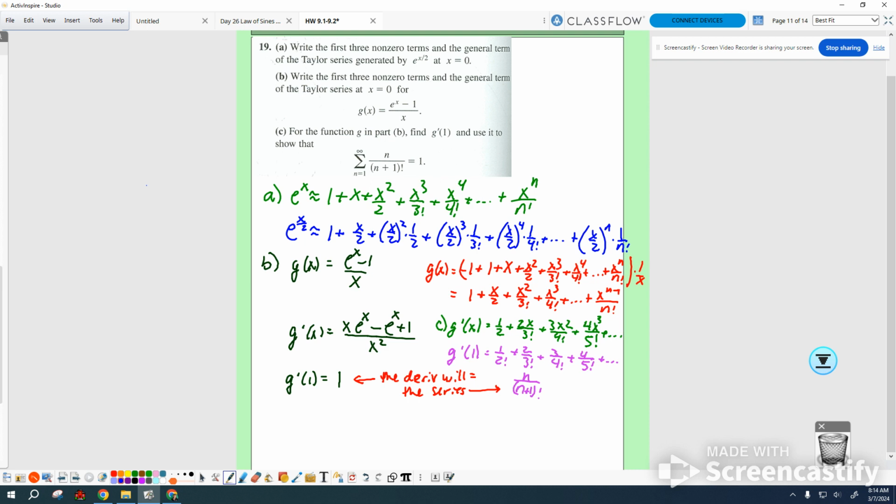So, just trying to prove that the sum of all those is going to be 1.